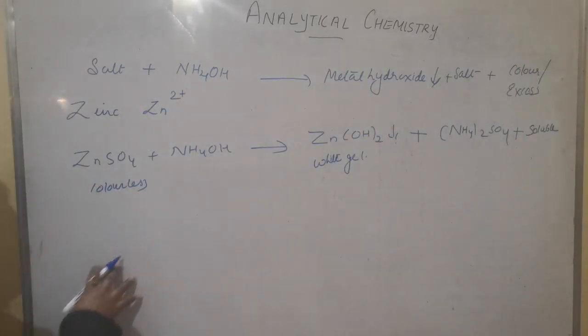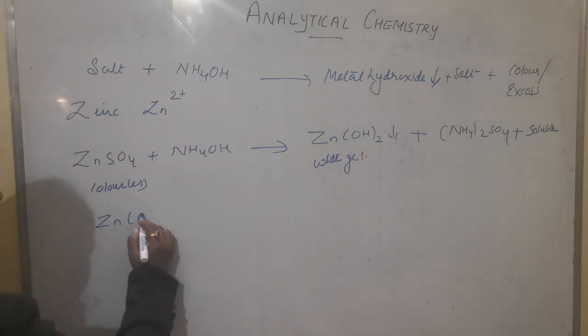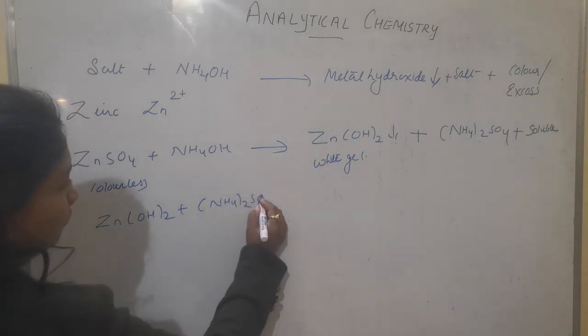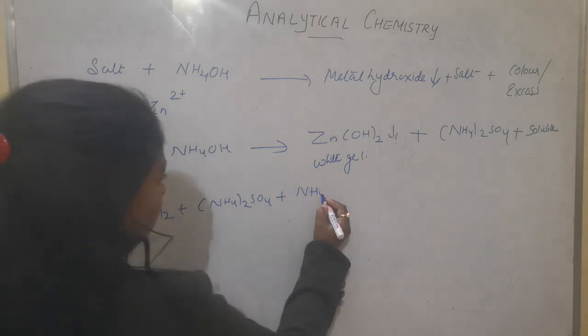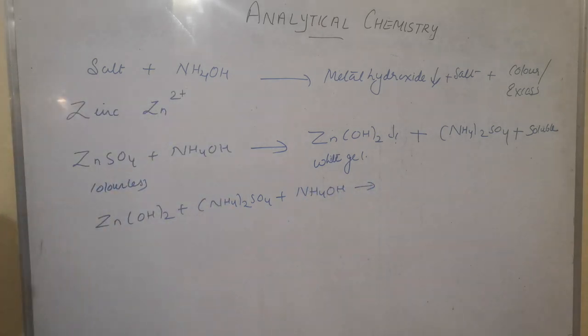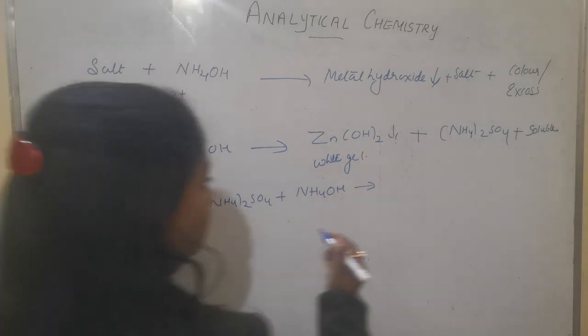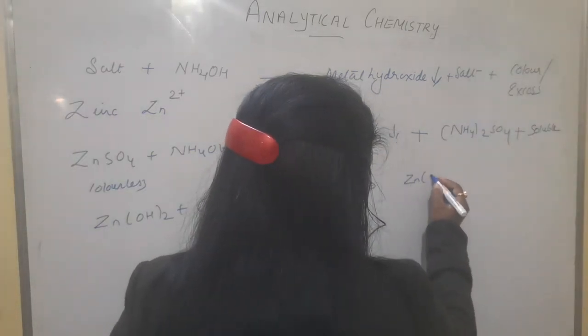So it would also form a complex compound. NH4OH could be added in excess. So we will get tetraamine zinc 2 sulfate. In the previous one we got tetraamine copper 2 sulfate. Now here we will get tetraamine zinc 2 sulfate.